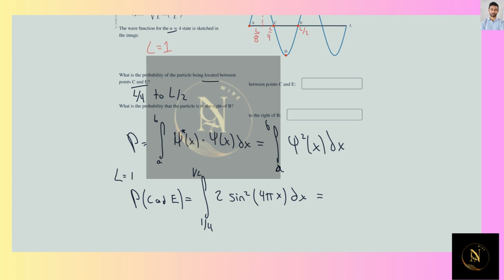After solving this integral, the result is 0.25. This is the probability of finding the particle between these two points.